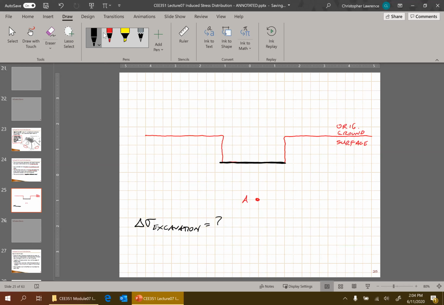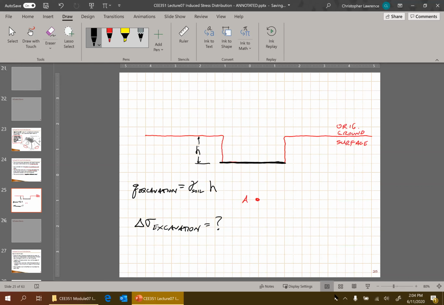Now, Q excavation is simply going to equal the unit weight of the soil that was removed times the depth of the excavation. That is the stress reduction that happened.